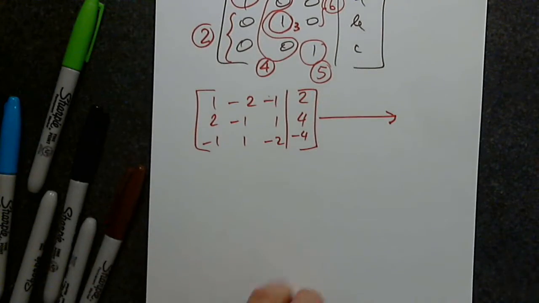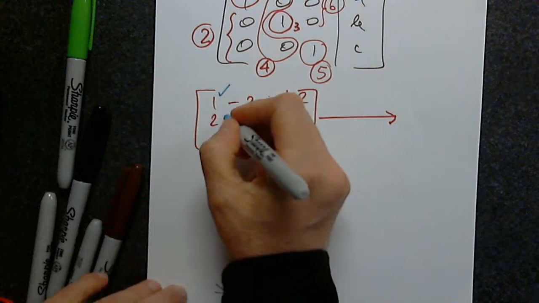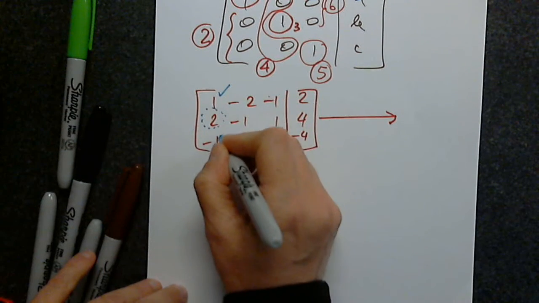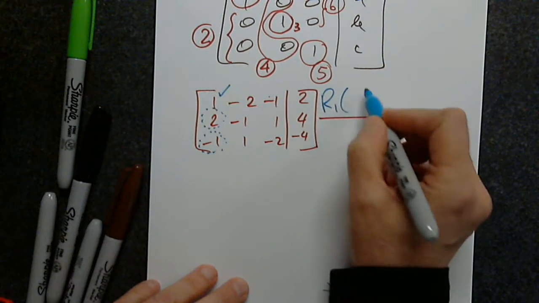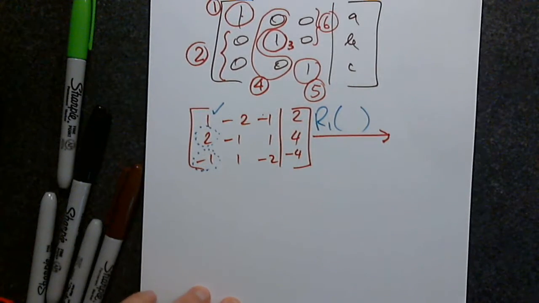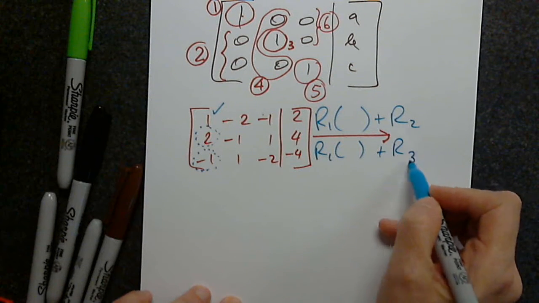Okay, so I'm very happy because the first step is already done. The first row, first column already has the 1 that I need. I will need to perform some operations with row 1, multiplying row 1 by something and adding into row 2, and the same row 1 and adding into row 3.